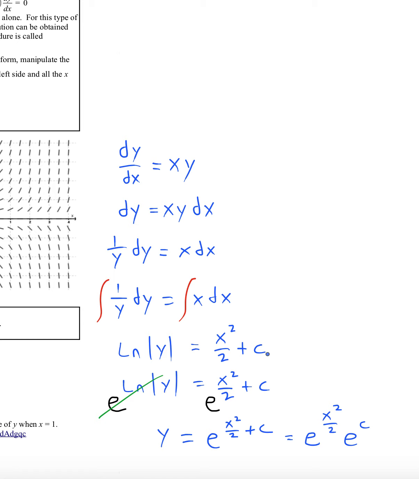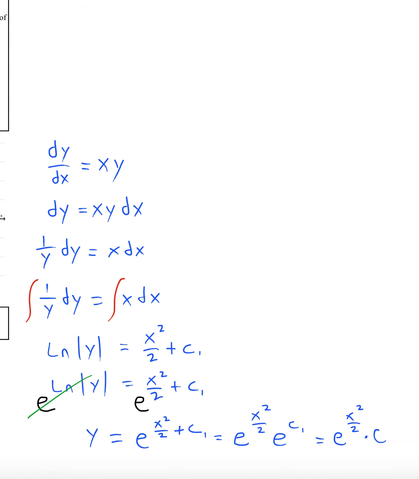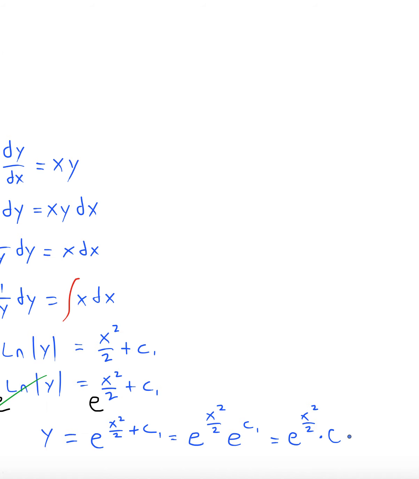And so if I were to call this guy c1, constant 1, then I could rewrite what I have here into e to the x squared over 2 times some constant c. And so my final answer will be c e to the x squared over 2. That is the general solution.